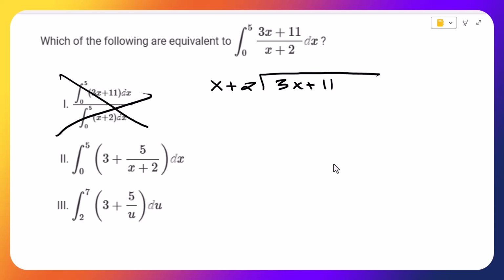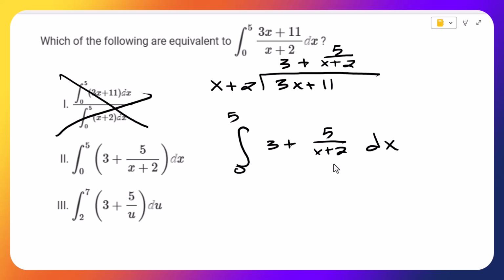And so that means that we get the integral from 0 to 5 of 3 plus 5 over x plus 2 dx. And boom, that's this one right here. If we use long division, it gives us that. So this one is true.